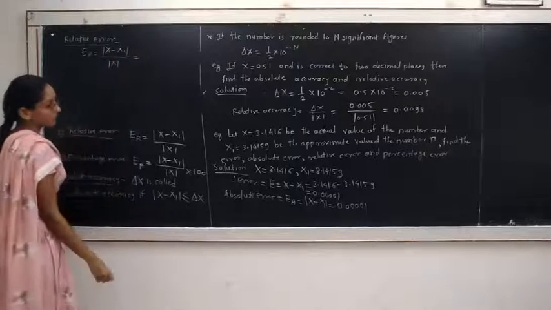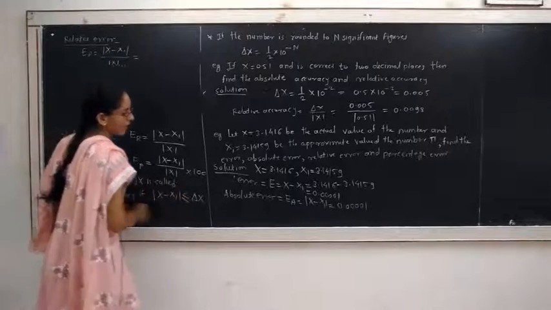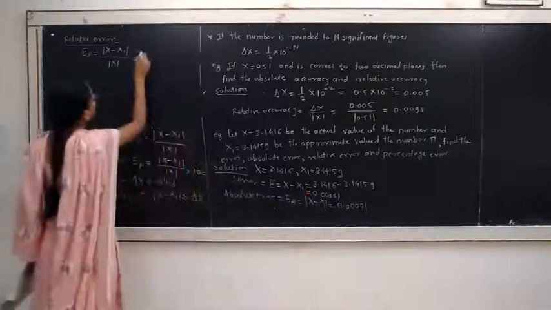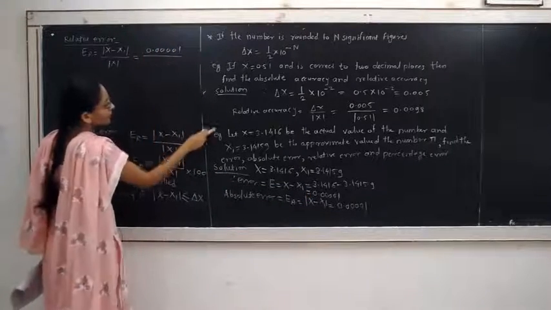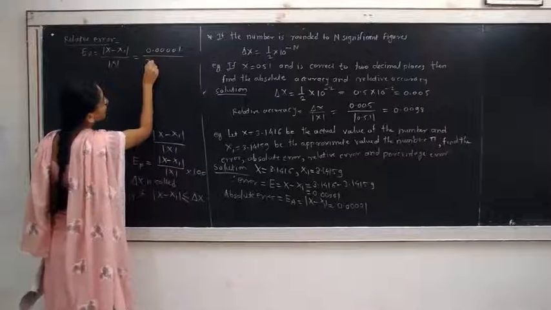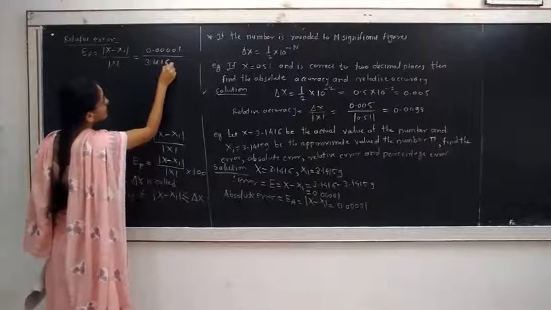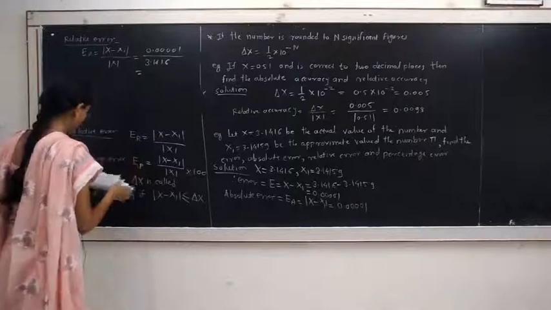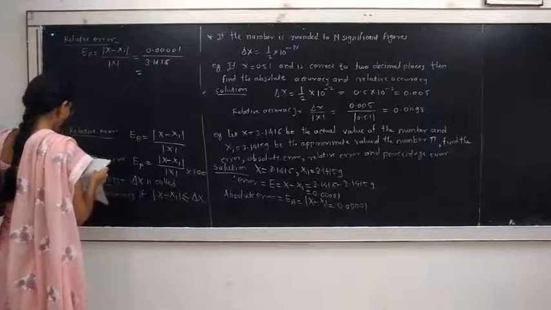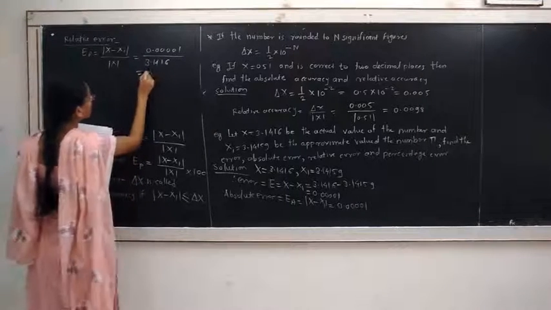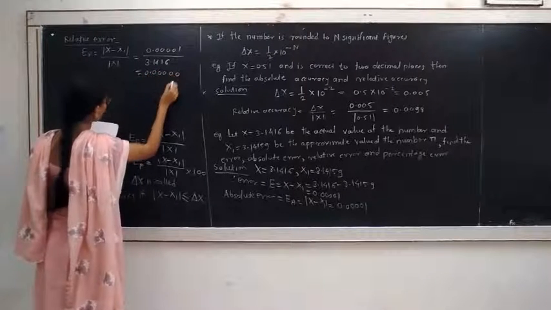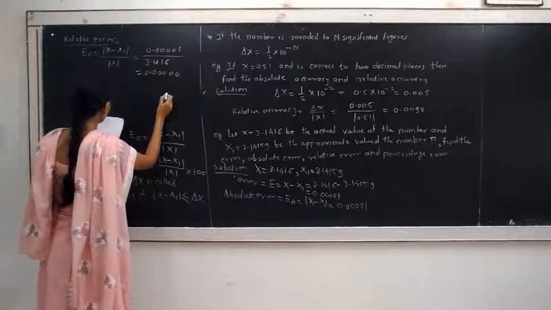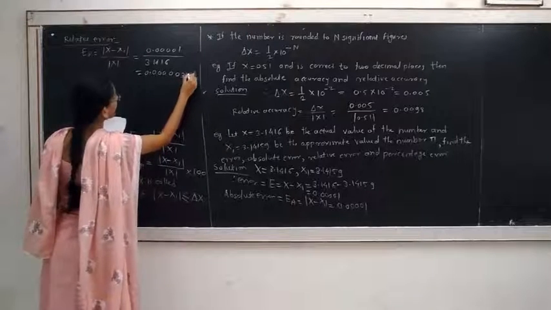Mod of x minus x1 is the absolute error, whose value is 0.00001, upon the value of x, 3.1416, and this ratio will be 0.000031831.